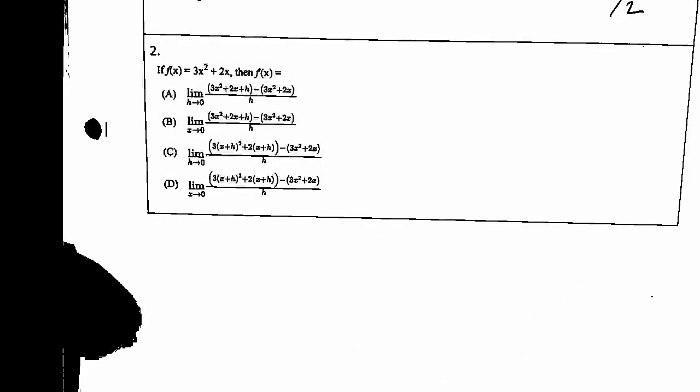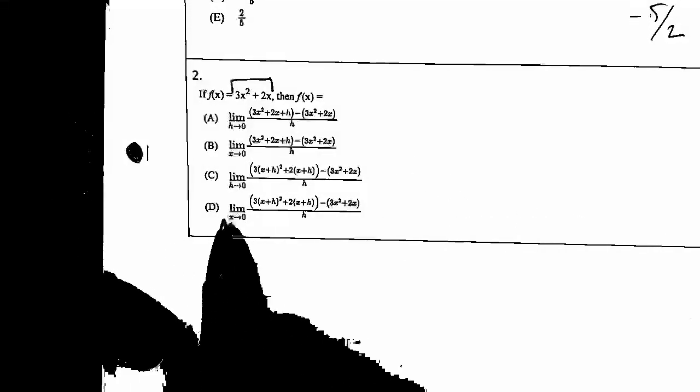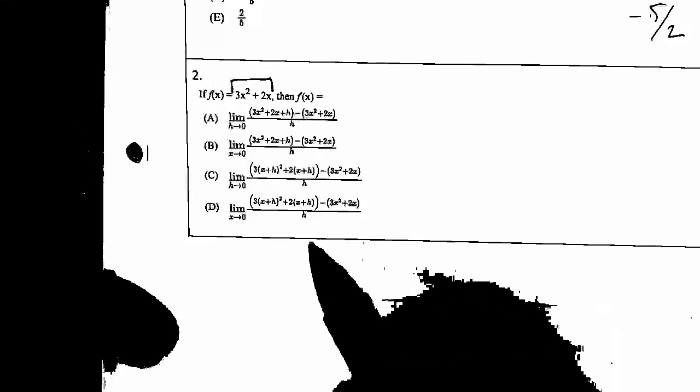Okay? For 2. So 2 is asking you to write the function in limit notation. So it says, okay, if f of x is 3x squared plus 2x, then what's the derivative written in limit notation? So, I mean, first things first, it says h approaches 0, not x.